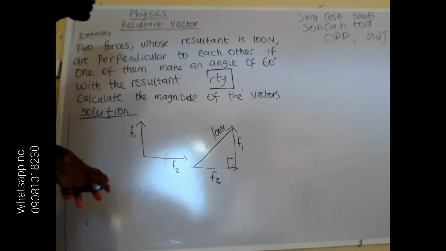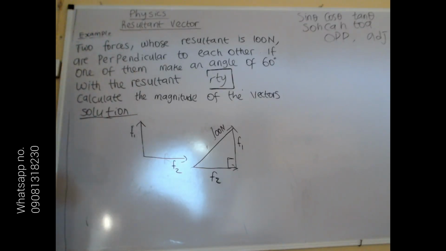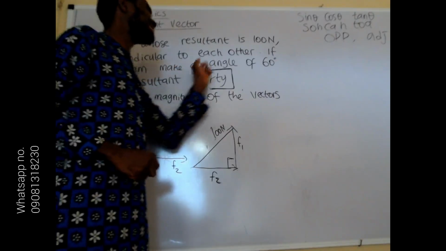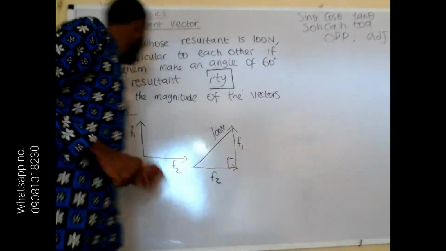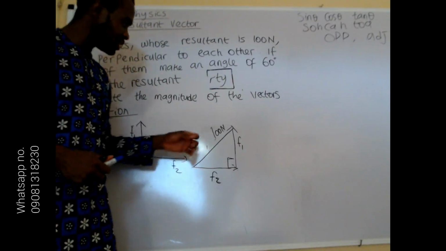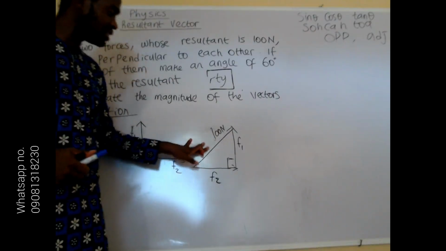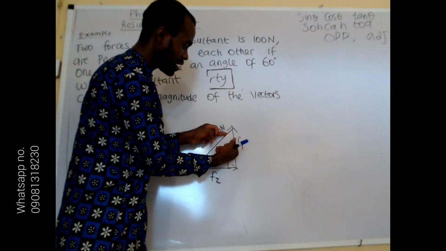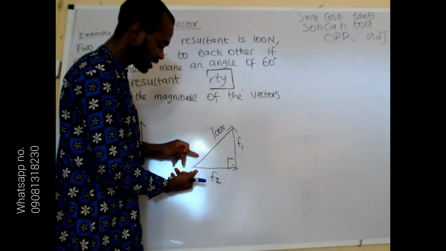Now he gave one piece of information which will help us find F1 and F2. It says one of them makes an angle of 60 degrees with the resultant. So this first force is making an angle here, and this second force is making an angle here.